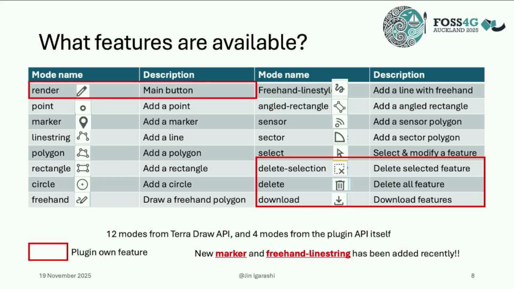But I wanted to have that delete selection mode in the plugin, so I implemented it. But it is possible to use Terra Draw to implement this mode in another library. And for the download mode, Terra Draw has an interface to get all GeoJSON features from the store. But this download mode downloads to an actual file. So this is an additional feature.